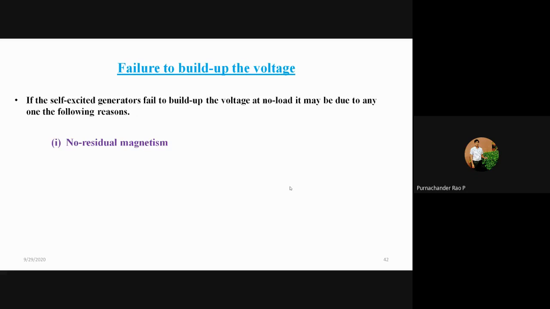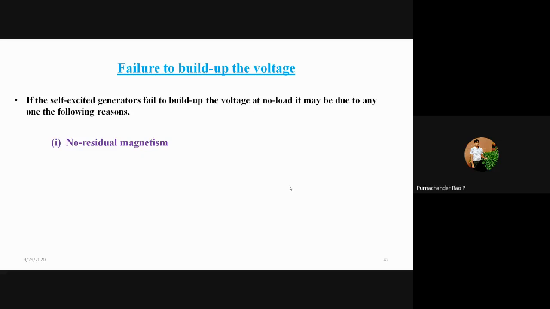Because of this residual magnetism, a small amount of field current passes through the field winding, and this field flux is added to the residual flux. Therefore, it is a cumulative process: that small voltage again generates field current, which is added to the previous field current. Then the voltage builds up.